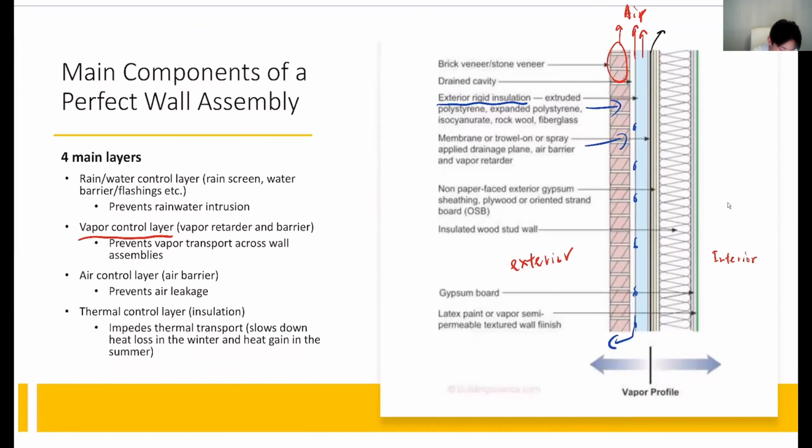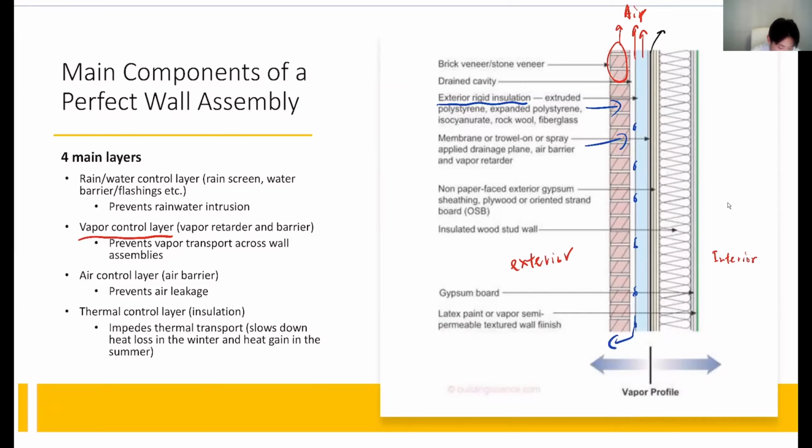We also want to control the air, because air is one of the most important ways that our energy can be lost to the environment, since air itself can hold a lot of energy. If we heat the space to a comfortable temperature but don't control the air movement, the air is going to leak out or the outdoor air is going to leak in, and these all have associated energy penalties.